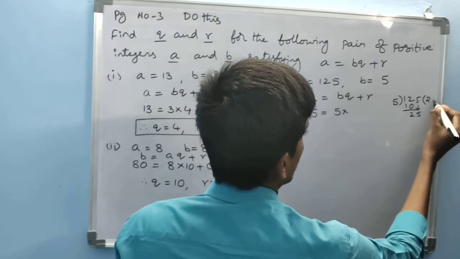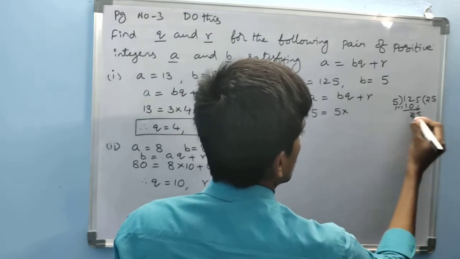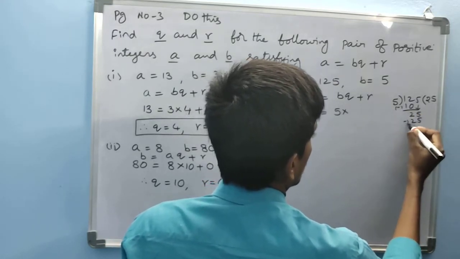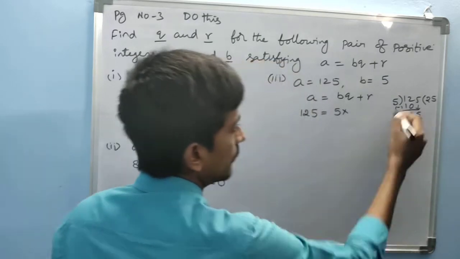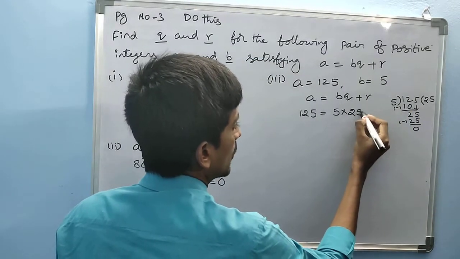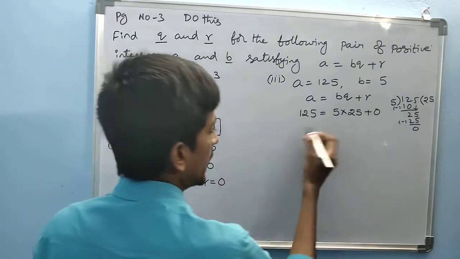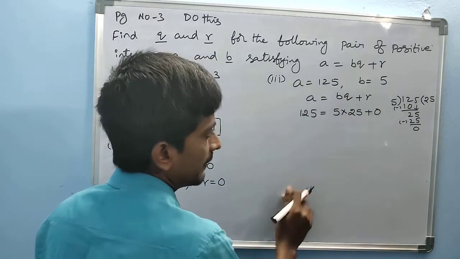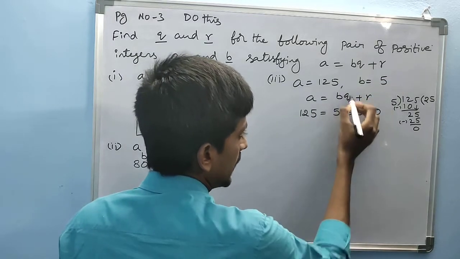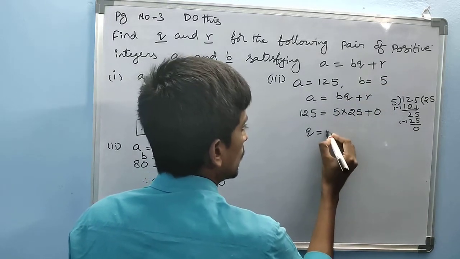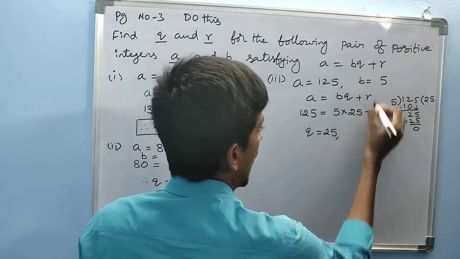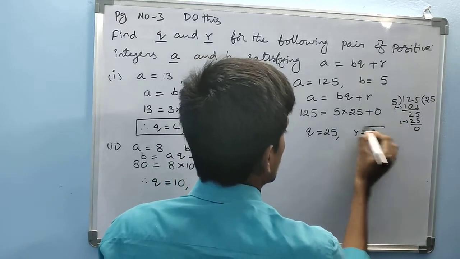Next one is 5, 5 fives are 25. So 125 equals 5 times 25 plus 0. Here A equals 125 given, B equals 5 is given, Q equals 25, R equals 0.